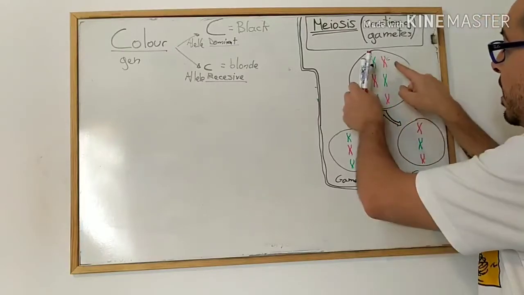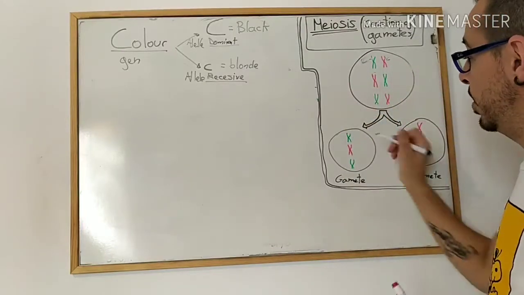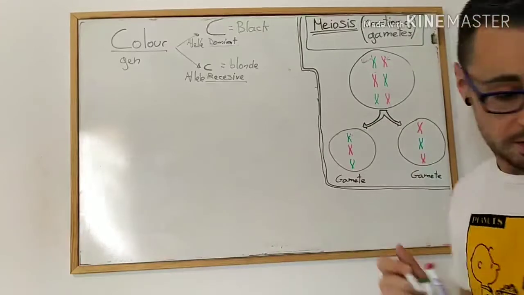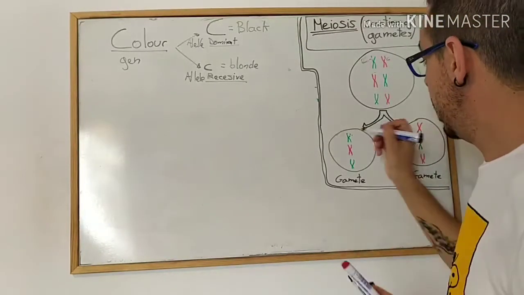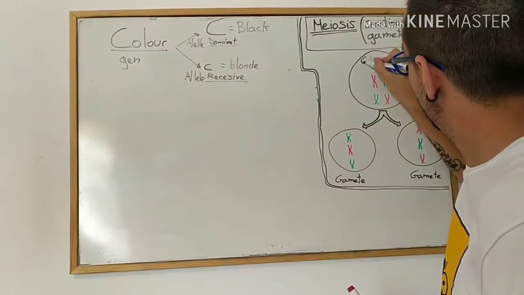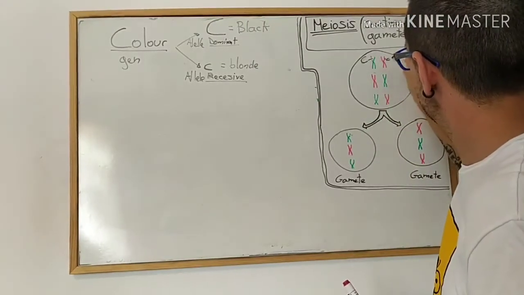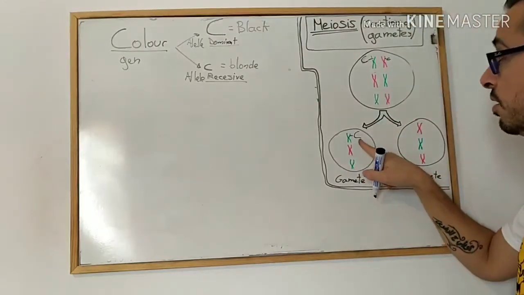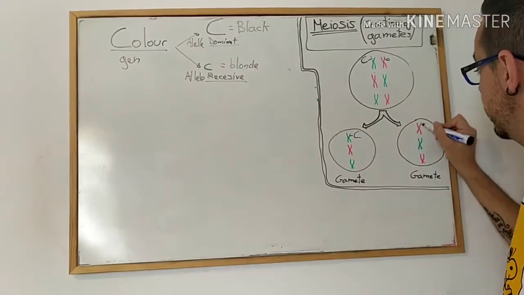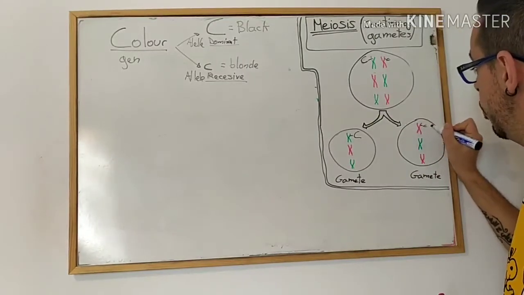So when the cells are going to divide, what's going to happen? That this one is going to carry, I'm going to write it C and C, and this one is going to carry the black gene, the black allele, and this one is going to carry the blonde allele.